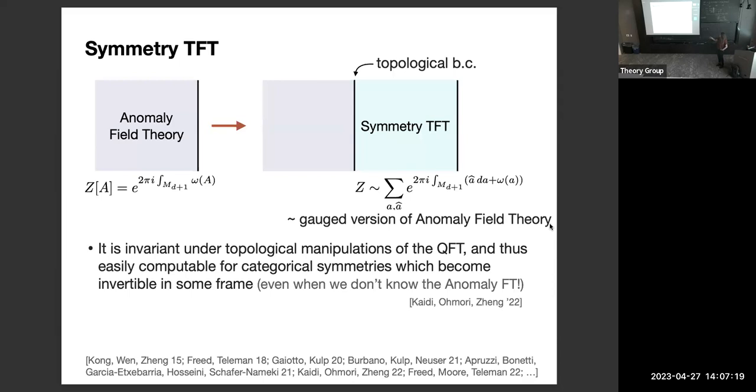So what is the symmetry TFT? Well, I already said in general, it's the Drinfeld center of the generalized categorical symmetry. In more concrete terms, it's basically a gauged version of the anomaly field theory.